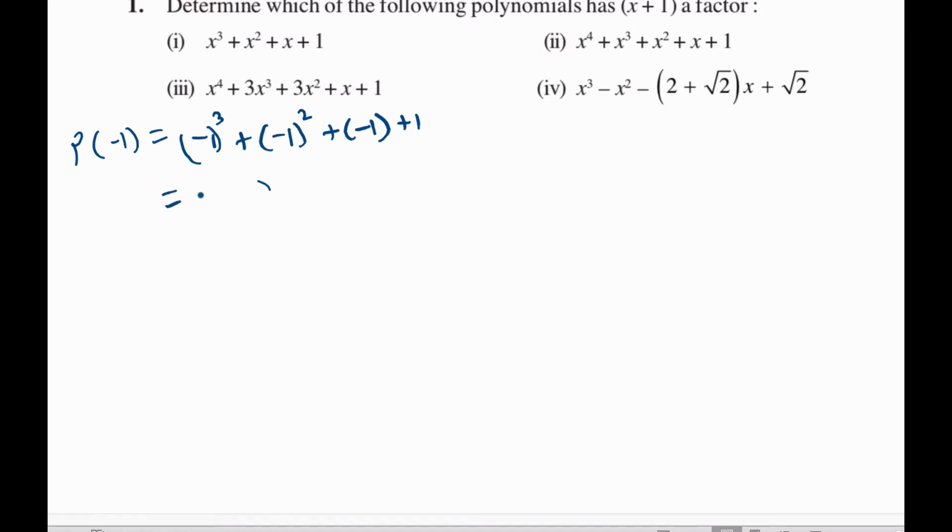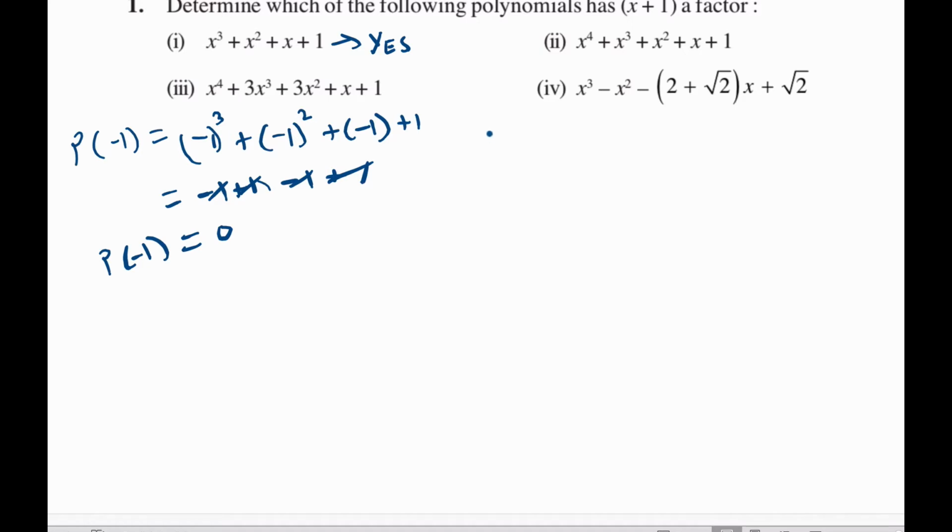So it will give me minus 1 plus 1, minus 1 plus 1. So this and this are additive inverse. It becomes 0. Same goes for this. I'm left with 0. So that means at x is equal to minus 1, this equation does become equal to 0. So for this equation, x plus 1 is a factor. I will write yes, this equation has x plus 1 as its factor.